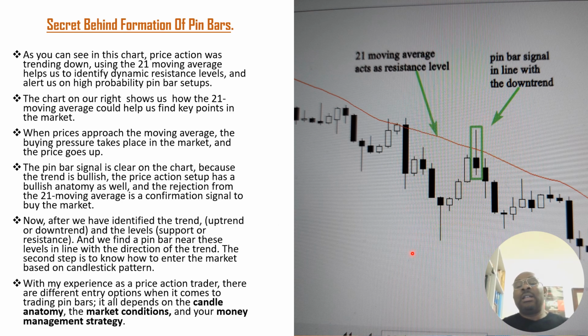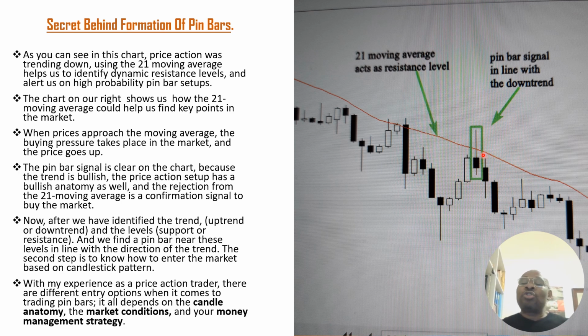So that is why counter trend is risky, but once you are familiar with the trend and you know how to navigate your way, you can do a counter trade.